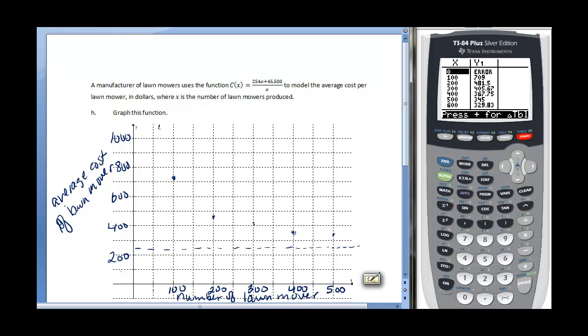And then I would just want to draw as nice, smooth a curve as I can, getting my data in there. And so my function would look something like this. So hopefully that helps you see how we use rational functions and gives you a good idea about how to approach your assignment.